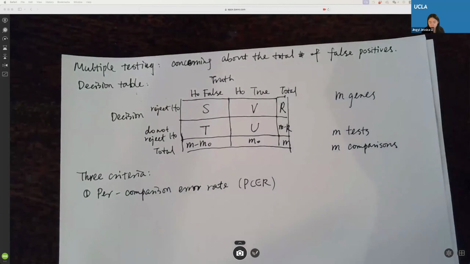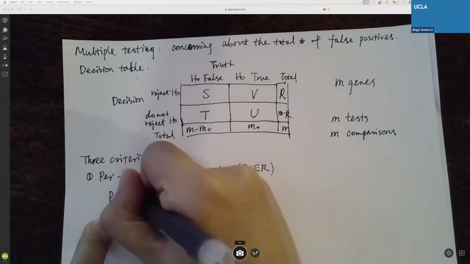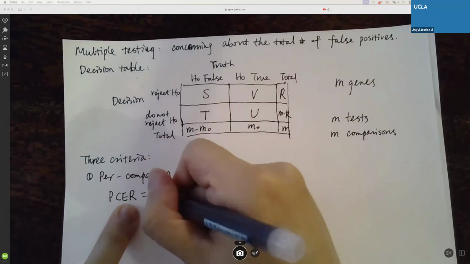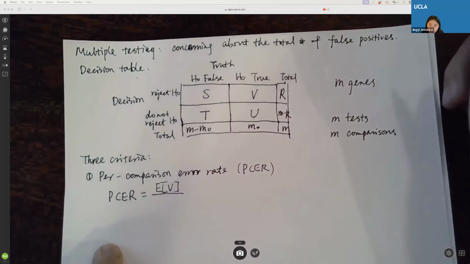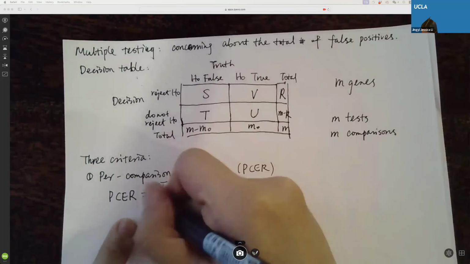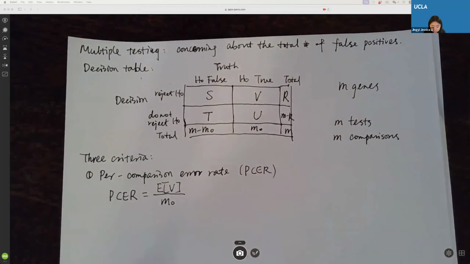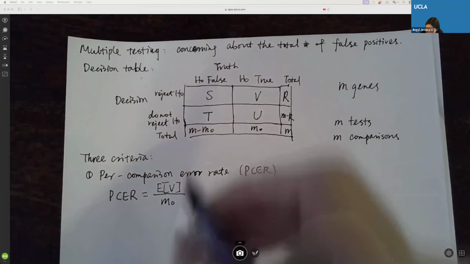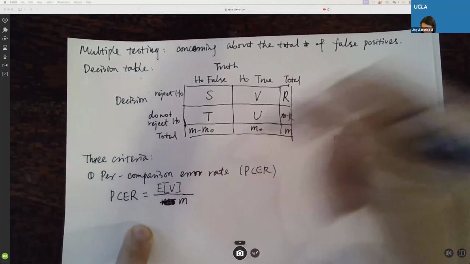All right, so this PCER is defined as the expectation of V, the number of expected false positives, out of the total number of comparisons.